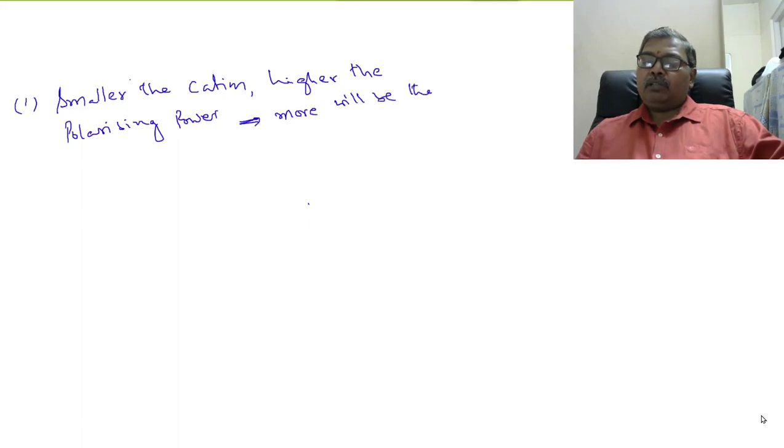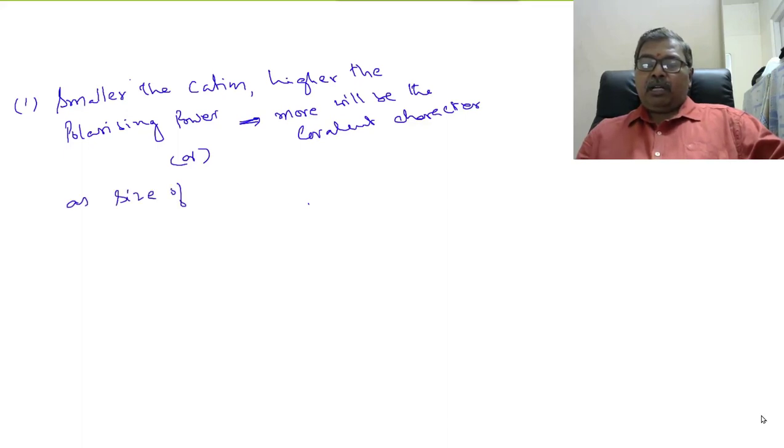Here you can understand it in another way: as the size of the cation decreases, covalent character increases.